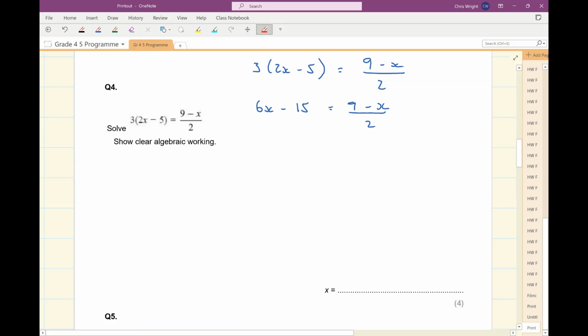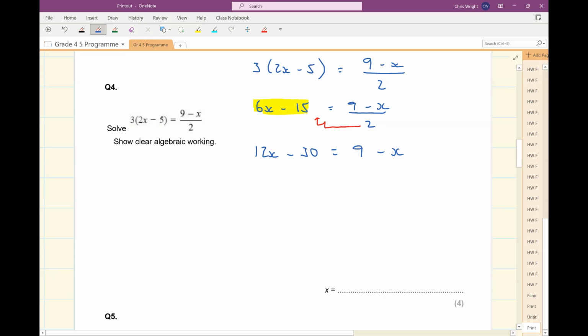Now we're going to escalate up the 2, but you need to be careful because we need to multiply the whole of this left-hand side by 2. So I'm going to get 12x minus 30. Notice how I've multiplied everything on the left-hand side by 2. And that equals 9 minus x.